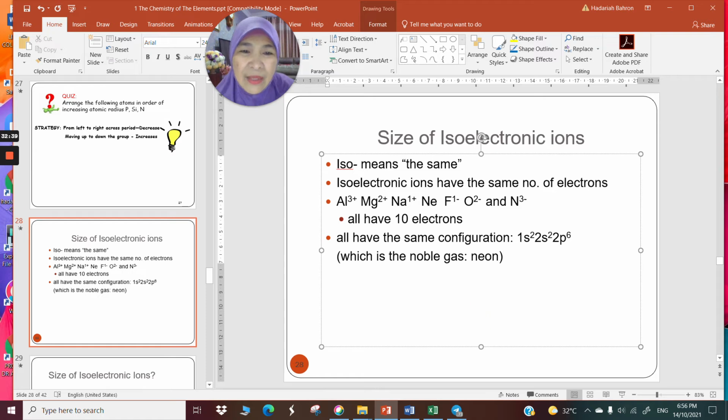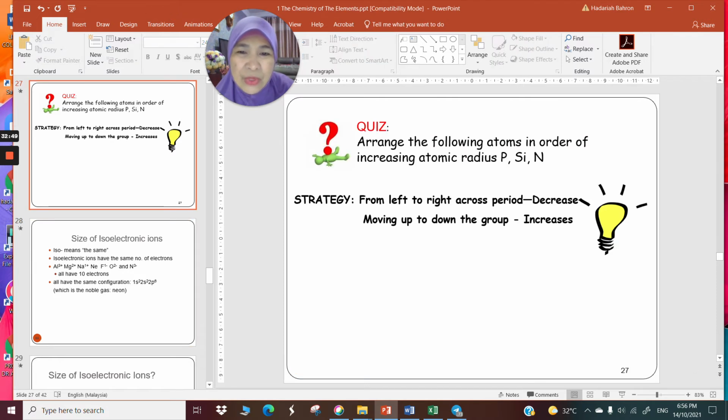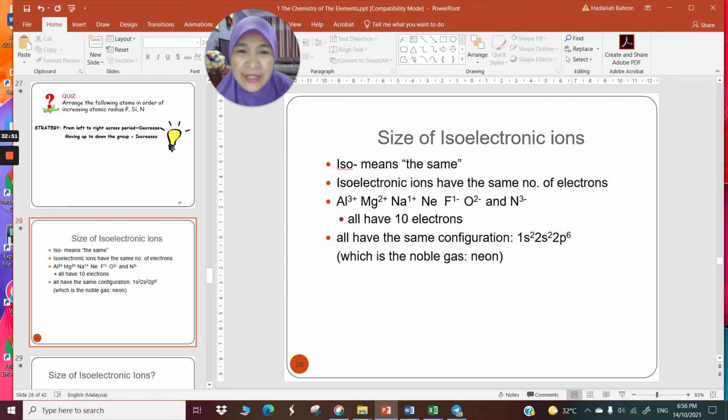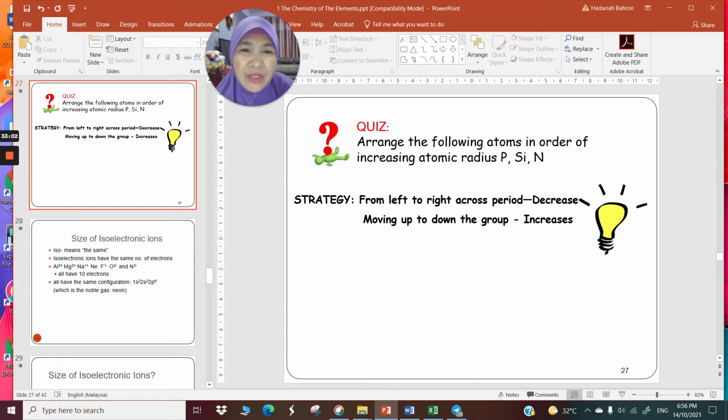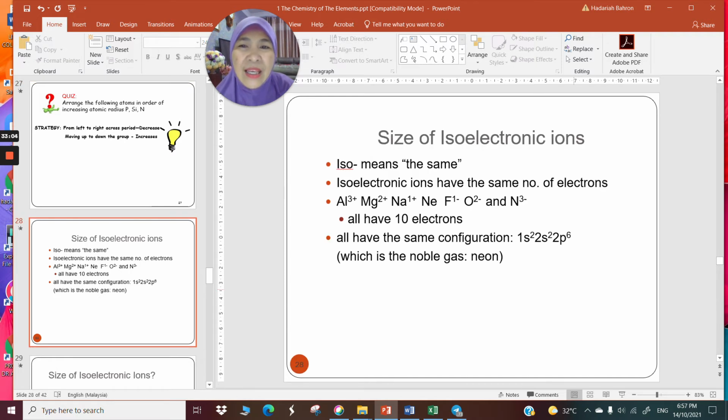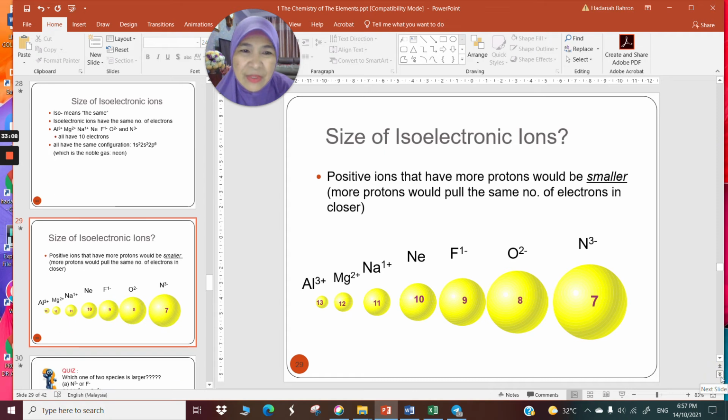They all have the same electron configuration of 1s2, 2s2, 2p6. So what about their sizes? How are you going to arrange these isoelectronic species in order of increasing radius? Can you do that? You can have a discussion about that.